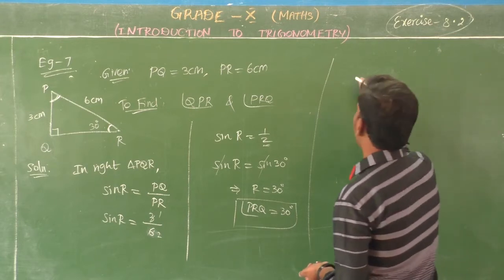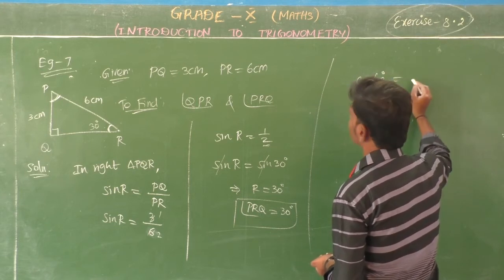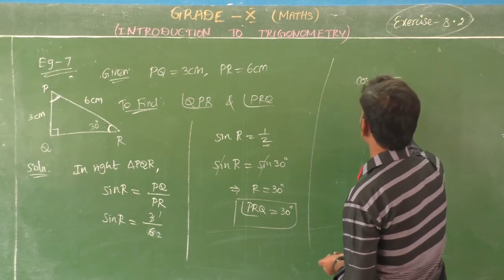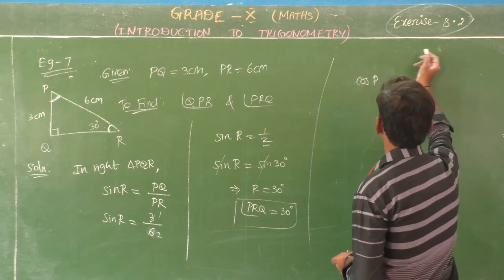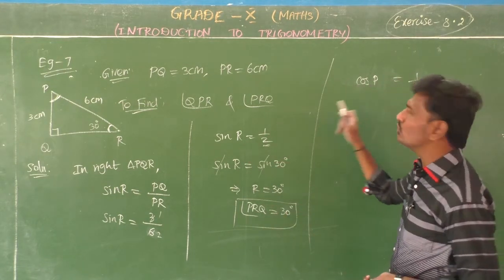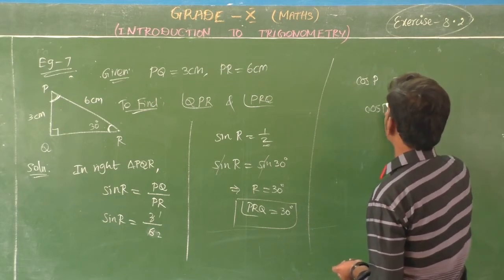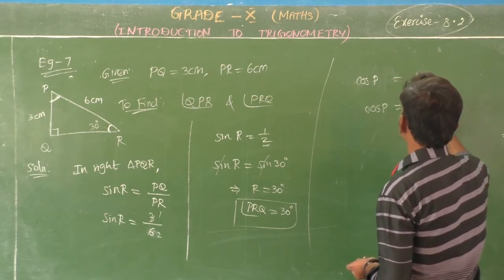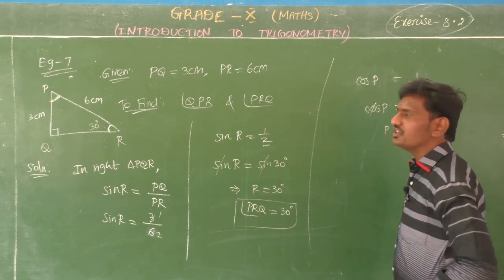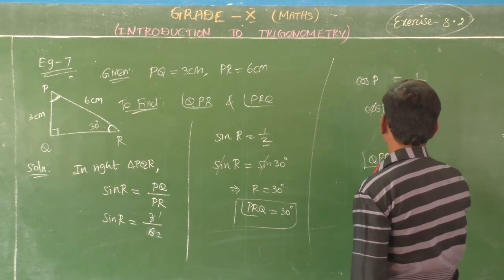So cos P is equal to 1 by 2, the same value. Sin R is 1 by 2 and cos P is also 1 by 2. So cos P is equal to cos 60 degree, this will be cancelled, so the angle P is equal to 60 degree. That is QPR, which is equal to 60 degree.